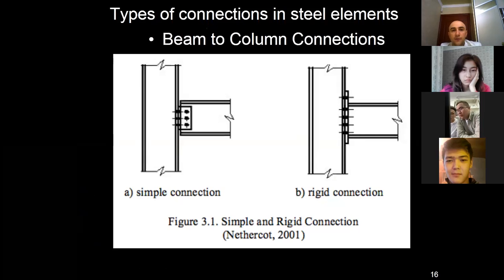Generally, full strength beam to column connections are designed to ensure the plastic hinge formation in the beams, and it avoids increase of the plastic deformation in the column.